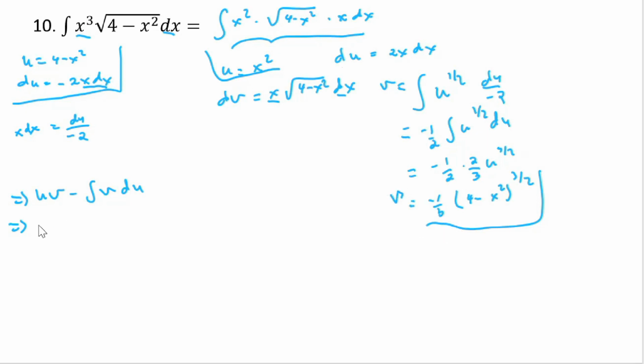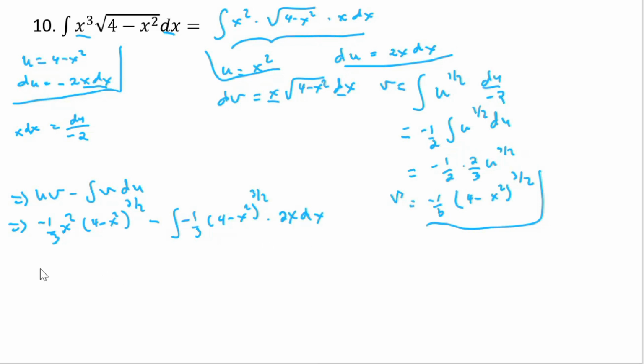So I have now negative 1/3 of x squared times 4 minus x squared to the power of 3 halves minus the integral of v du, negative 1/3 of 4 minus x squared to the power of 3 halves times the meaning of du now is 2x dx. So 2x dx. So simplifying that one now, we have negative 1/3 of x squared times 4 minus x squared to the power of 3 halves.